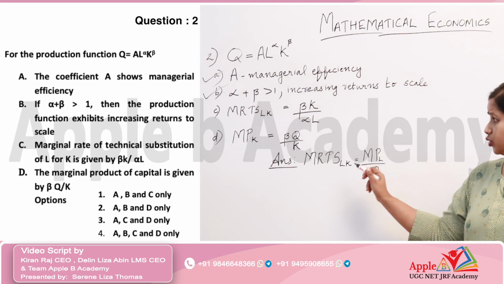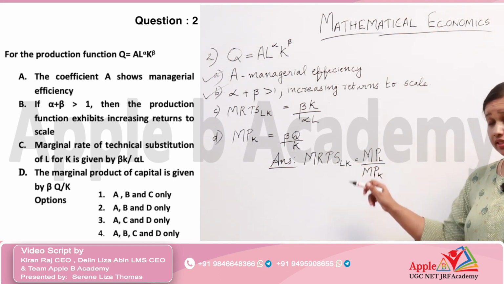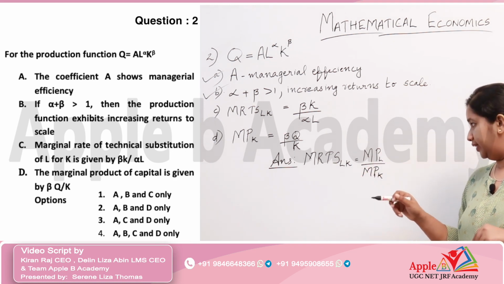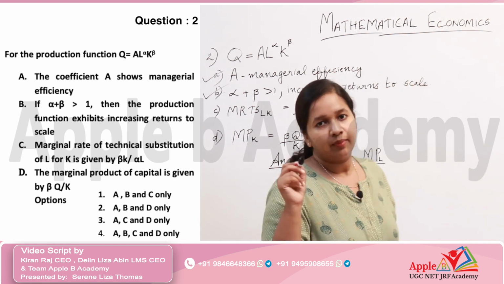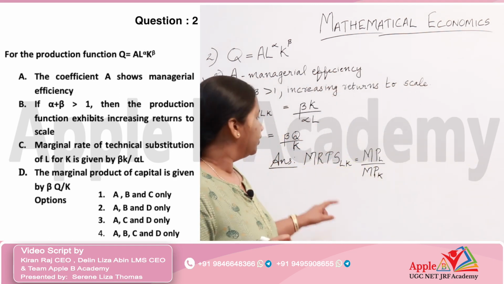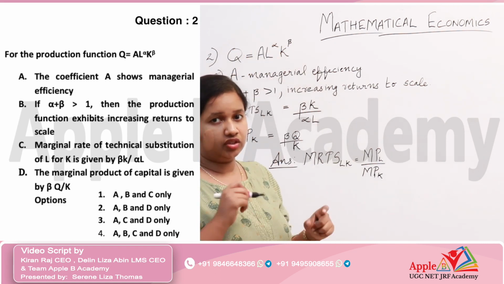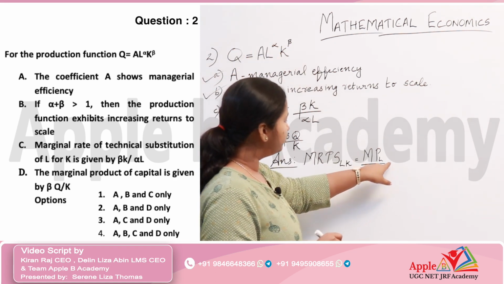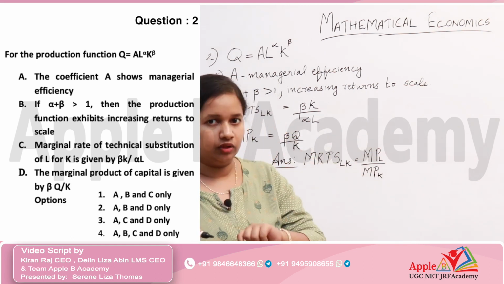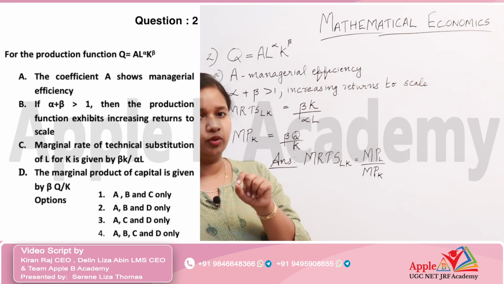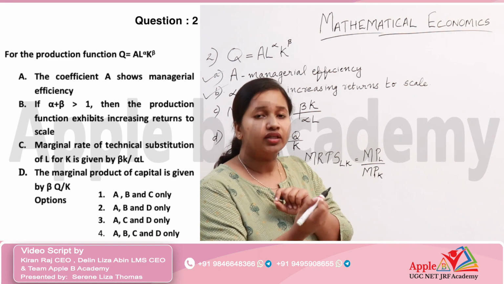The equation for the marginal rate of technical substitution of L for K is MPL by MPK. In order to find the marginal productivity of labor, partial differentiation is used here, because we need to find the change in output with respect to labor alone. If there is any change in the quantity of labor, what is the change in output?